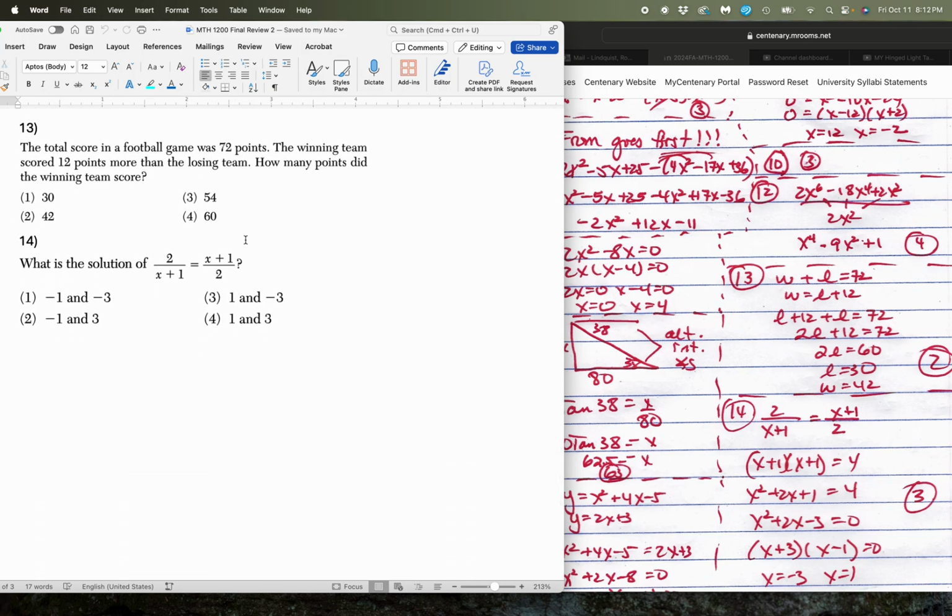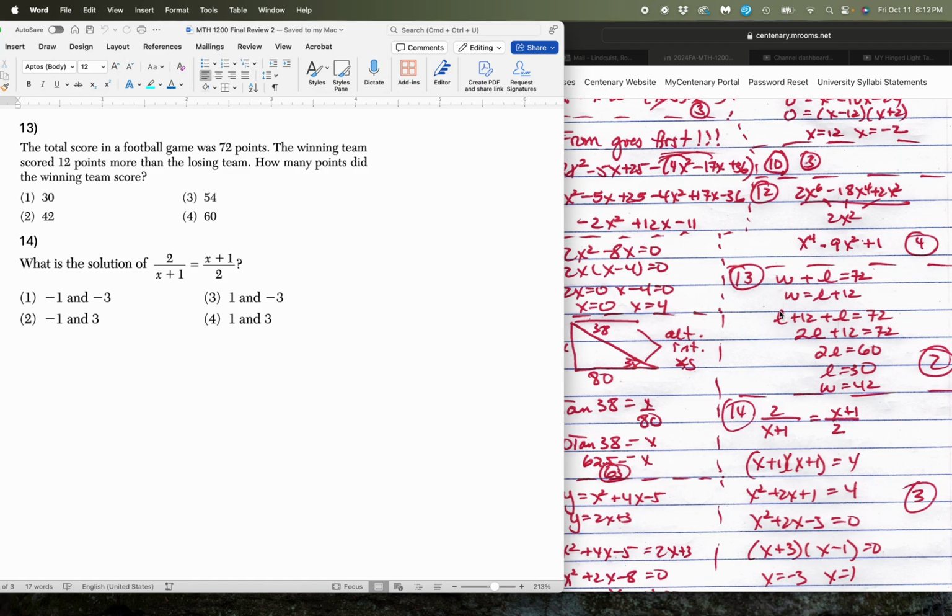Number 13. Total score in a football game was 72 points. So winners plus losers adds up to 72. The winning team scored 12 more points than the losing team. So here we go. Winners plus losers equals 72. The winners is the losers plus 12. So then, in place of W, I substitute the L plus 12. L plus 12 plus the L is 72.